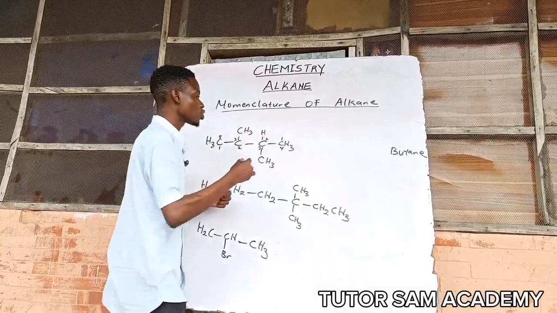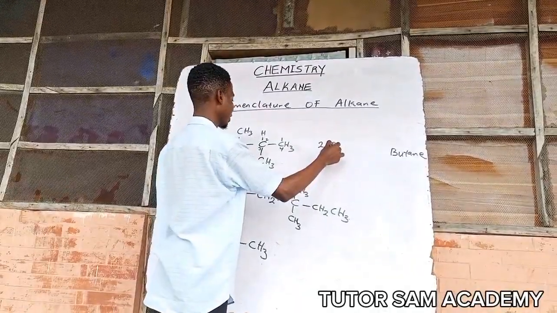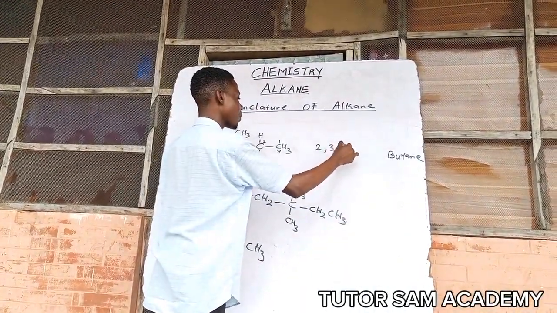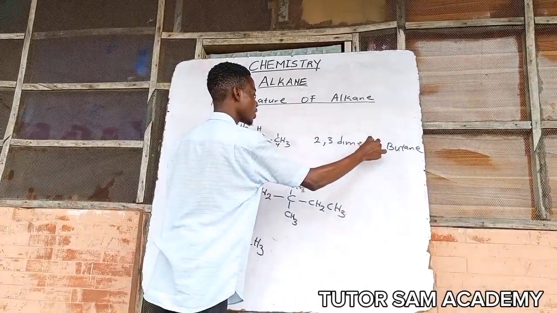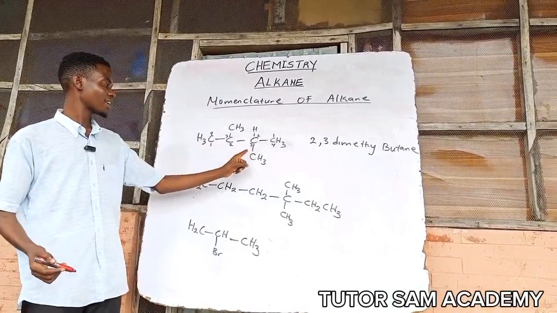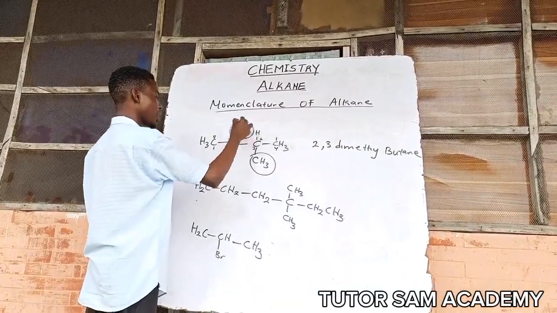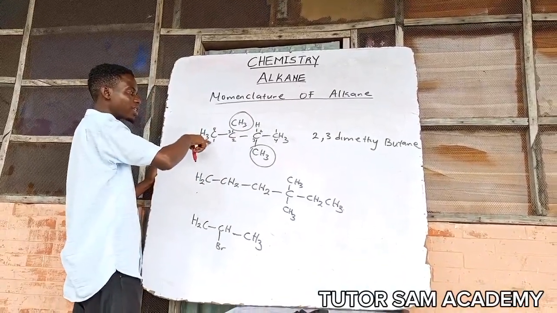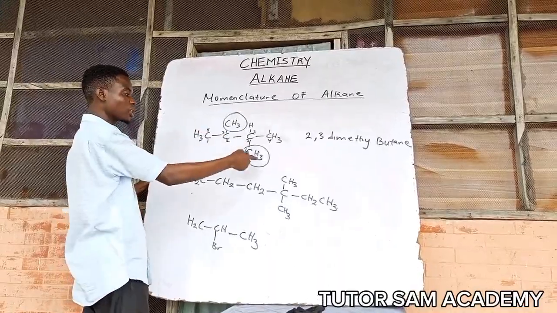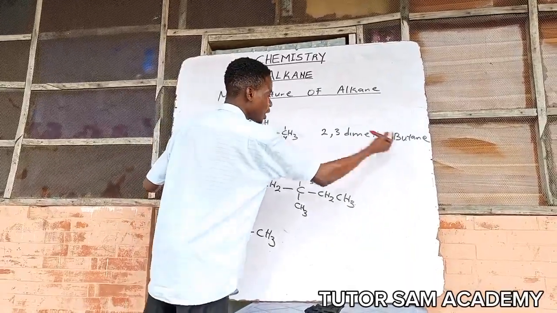So this will be 2,3-dimethyl butane. I have a methyl on the second carbon and another methyl on the third carbon. If you are numbering from the other side, it's still on the second and third carbon. So this is 2,3-dimethyl butane.